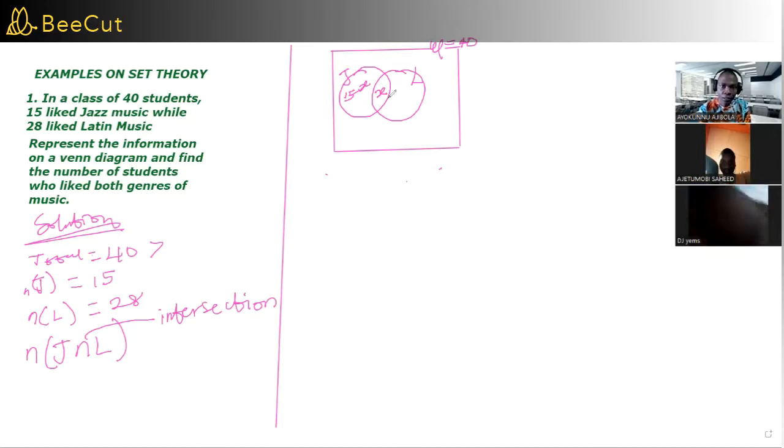I already have X included in 28, so I have 28 minus X here. Now, since out of the 40 students, it was never stated that there is none of them that did not like any brand of music, let us assume that that was included. So let's put it this way: represent the information in the Venn diagram and find the total number of students who like both genres of music if 3 students didn't like any brand of music, because that is possible.